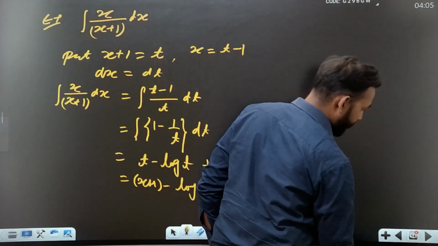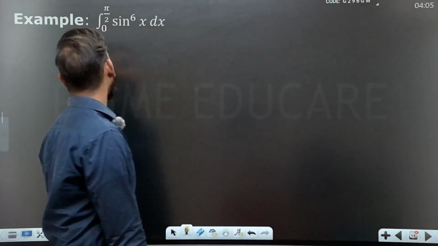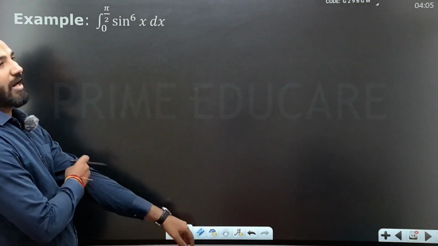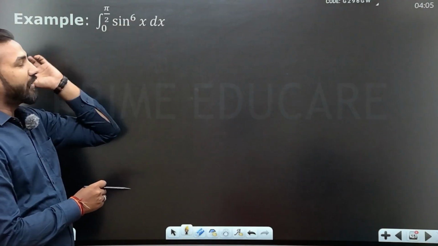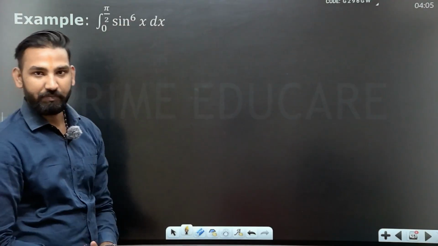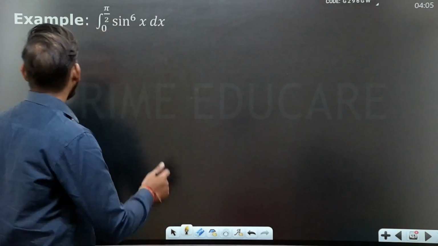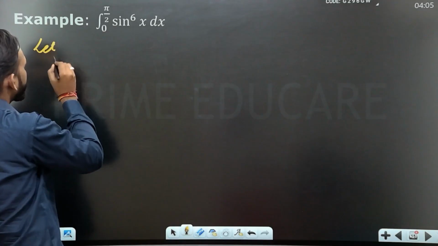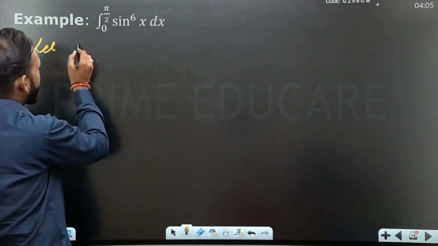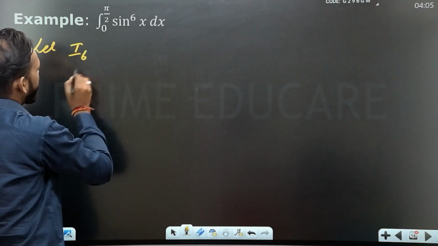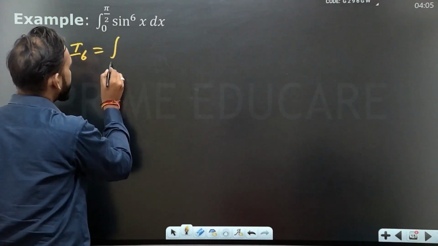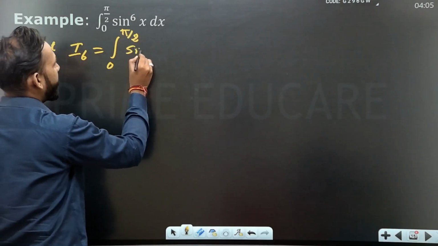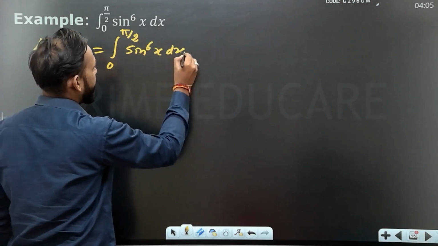Next question: we have this particular question, and the question is the integral from 0 to pi by 2 of sine to the power 6 x dx. Okay, we calculate this integral in the form of integration. Let this integral be I6, which is the integral from 0 to pi by 2 of sine to the power 6 x dx.